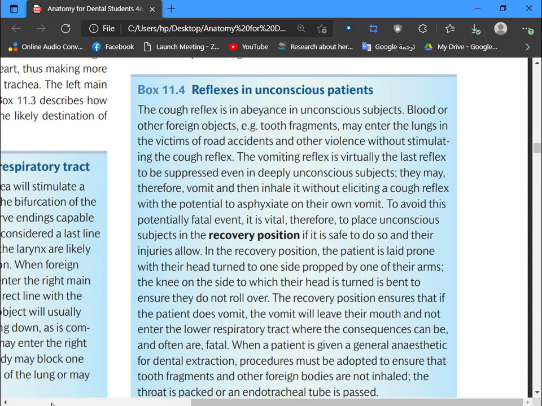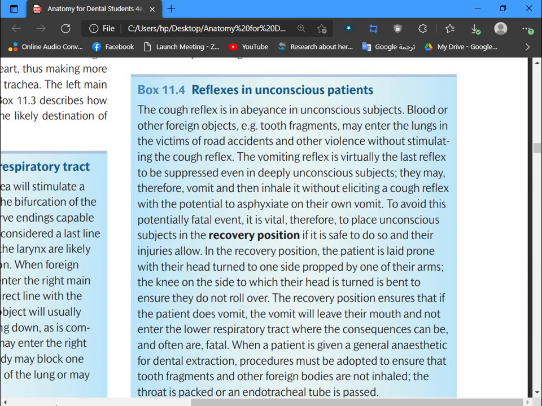Reflexes in unconscious patients. The cough reflex is in abeyance in unconscious subjects. Blood or other foreign objects, for example tooth fragments, may enter the lungs in the victims of road accidents and other violence without stimulating the cough reflex.